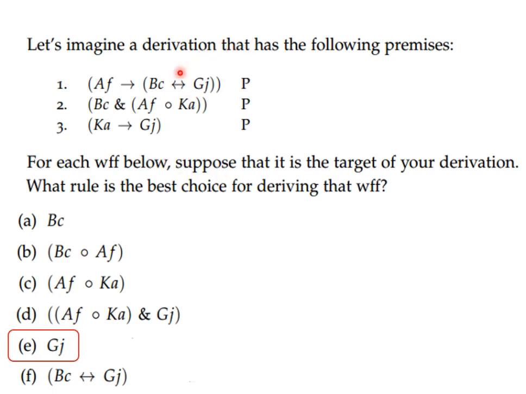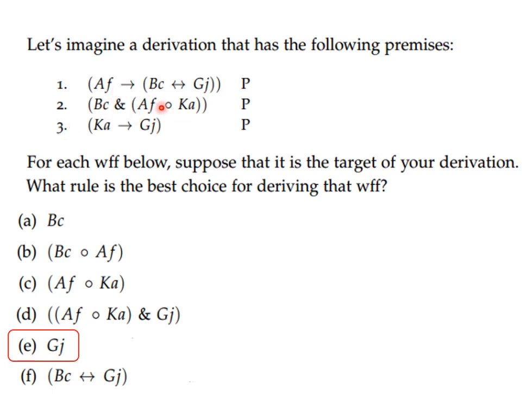Maybe we can get GJ from this biconditional here. If I have BC, and BC is really easy to get, so let's go for that, okay? In order then to get the biconditional, though, I got to get AF. But AF is part of a disjunction. And you're just like, oh, how do I get it out of there? I can't just do disjunction elimination. I have to have like 3 different things, right?